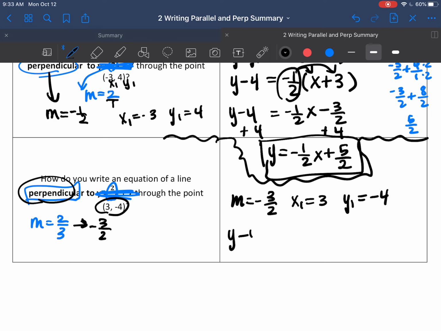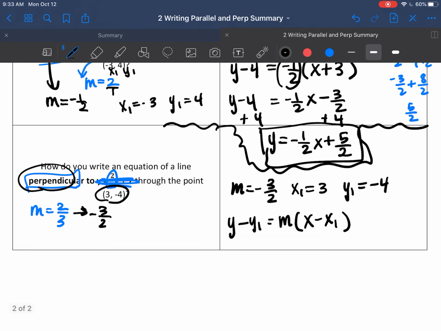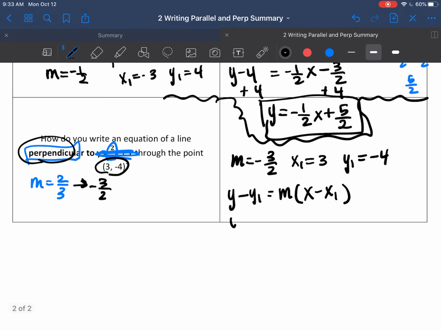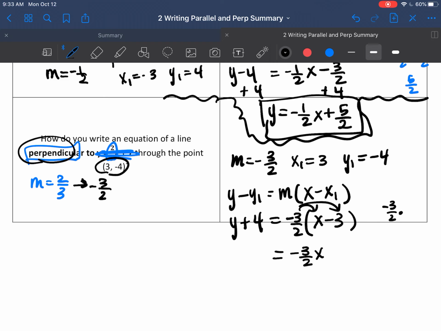And so y minus the y equals m times x minus the x. So y minus negative, m is negative 3/2, x minus 3. Distribute the negative 3/2.